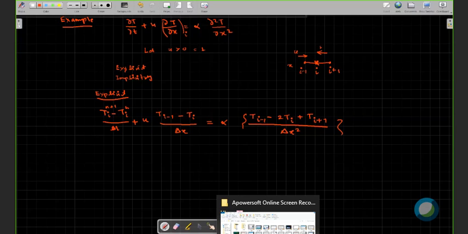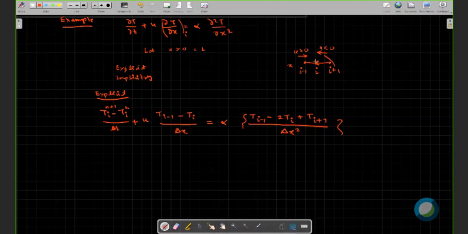And if u is less than 0, then you have to use this difference. You have to understand that from known information you are calculating unknown information. If u is greater than 0, this is the unknown information and this is the known information. If u is less than 0, this is known information and this is unknown. So this is for u greater than 0.